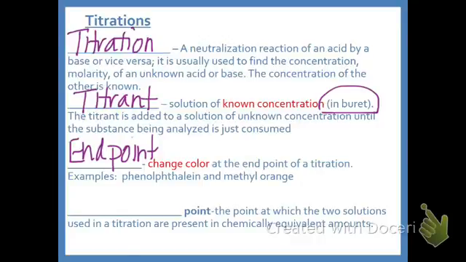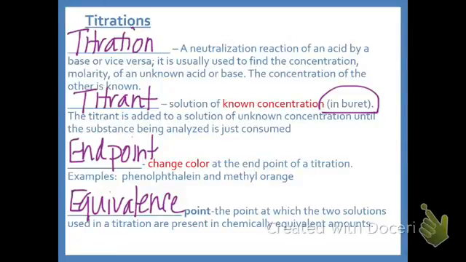Okay. The equivalence point is the point at which they are actually 100%. I have the same amount of hydrogen as I have hydroxide. The only way you can truly see an equivalence point is if you're running a pH meter in there that's measuring the pH the whole time. The end point is going to be slightly past the equivalence point.